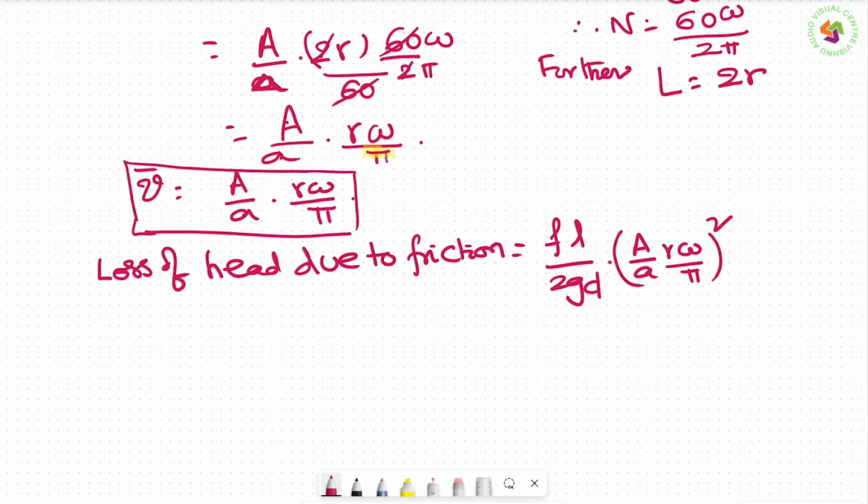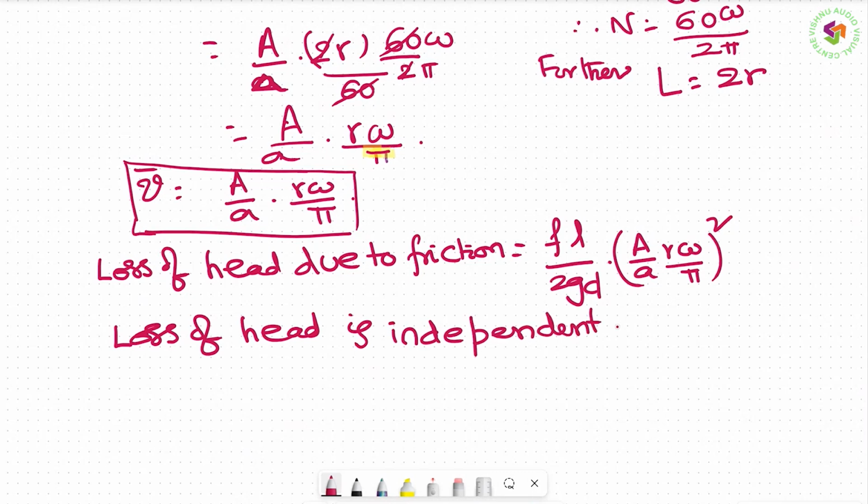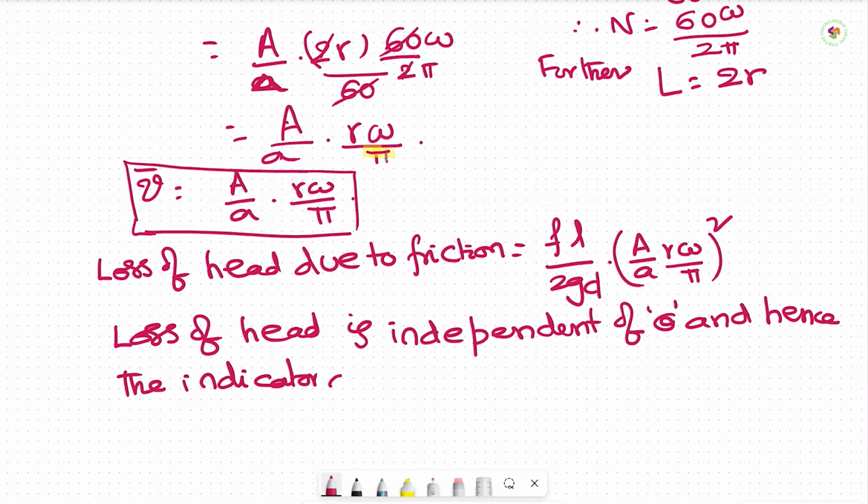Now the loss of head is independent of theta, and hence the indicator diagram is a rectangle.